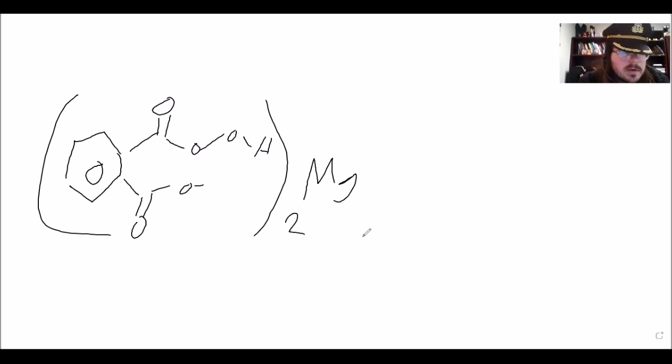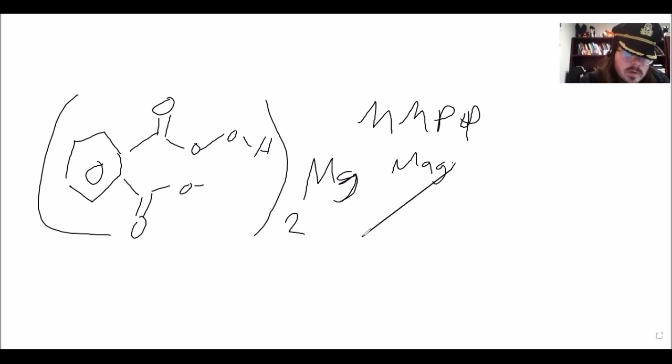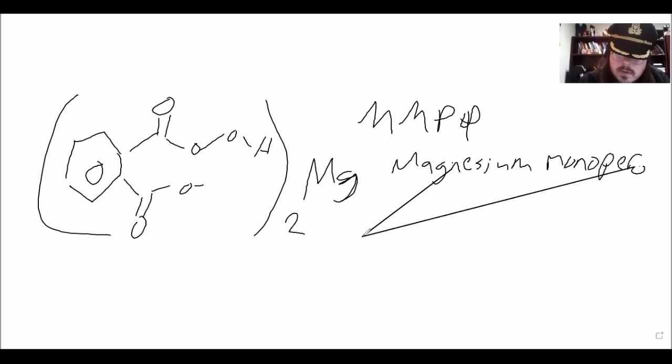This one is water soluble. So MMPP, magnesium monoperoxyphthalate. But it does the same thing.